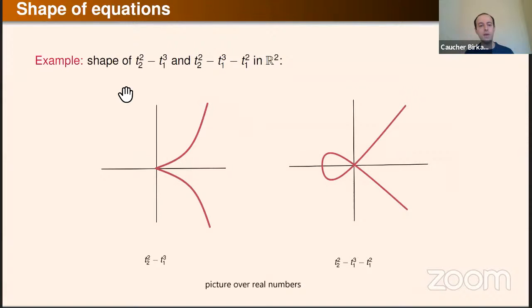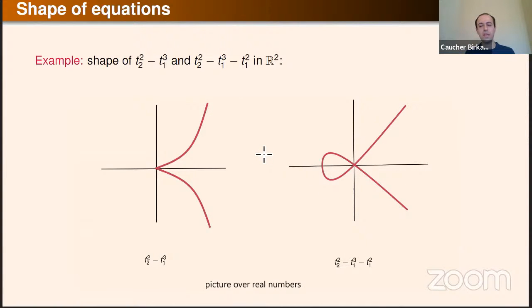Let's also give you some more examples of shapes of equations. In this case, we have t2 squared minus t1 cubed and t2 squared minus t1 cubed minus t1 squared. We can draw the graph of these equations in the usual plane, and they look like this. These red curves are the graphs of these equations.